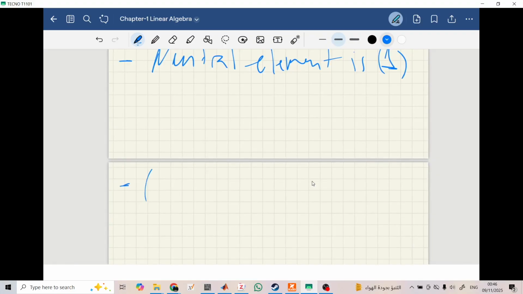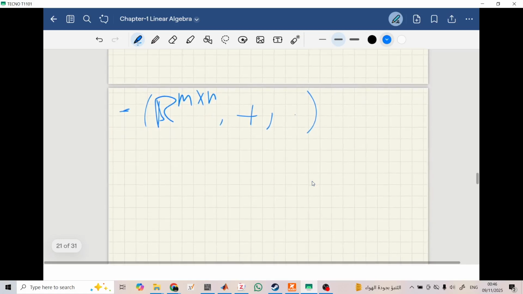Now our next example is the matrices. Same thing, addition and scalar multiplication, so it's very simple, right?